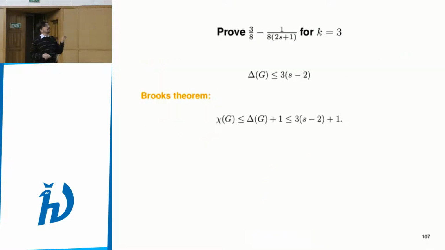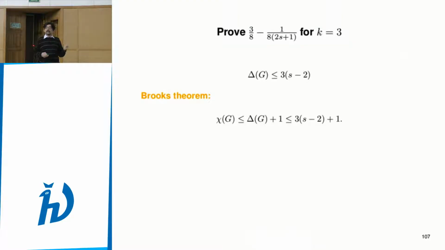And now we use, so this is it. The maximum degree in this new graph is at most 3 times s minus 2 or 3. And Brooks' theorem, I hope it is known. In every graph, the chromatic number is upper bounded by the maximum degree plus 1.